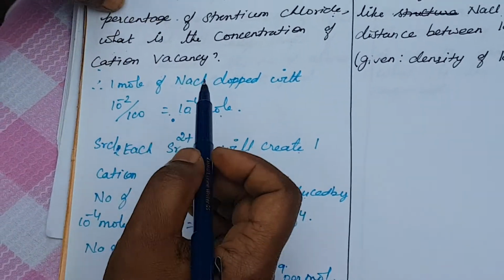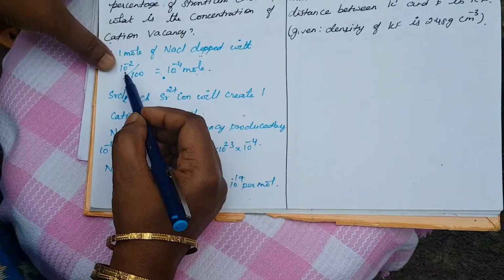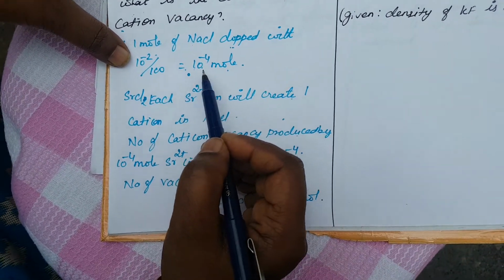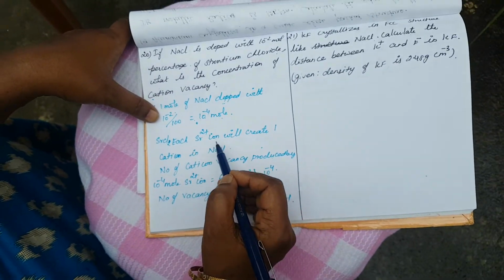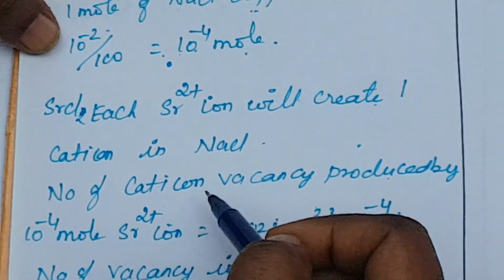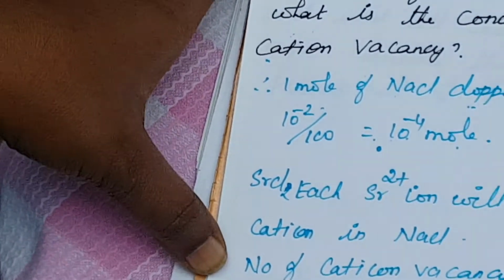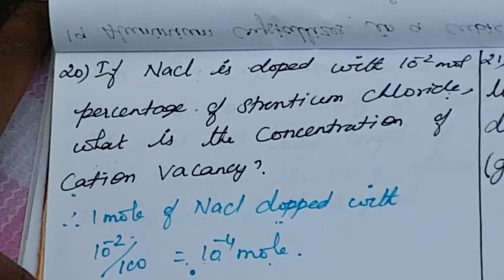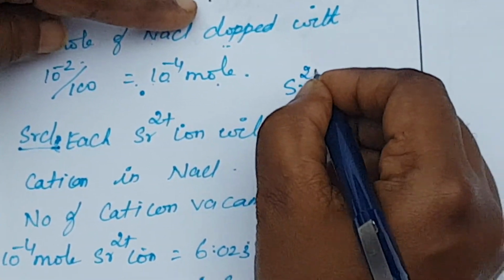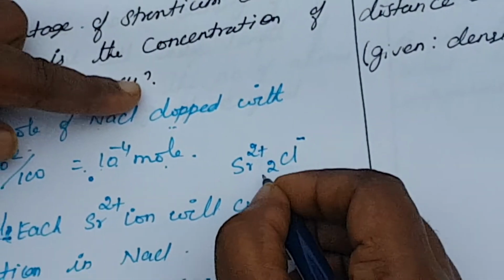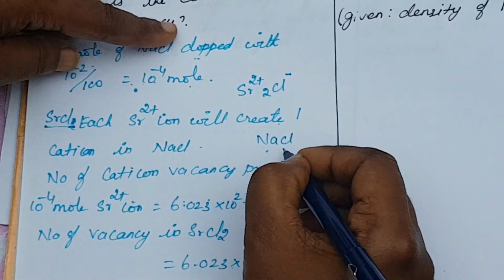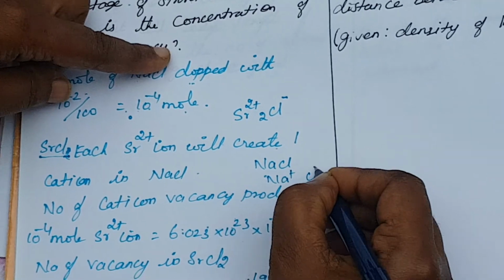Once again, 1 mole of sodium chloride is doped with 10 power minus 2 by 100, so that is 10 power minus 4 mole of strontium chloride. Each strontium 2 plus ion will create 1 cation vacancy in sodium chloride. The strontium chloride formula is SrCl2, so we write Sr2 plus and 2 Cl minus ions. In the same way NaCl is Na plus ion and Cl minus ion.